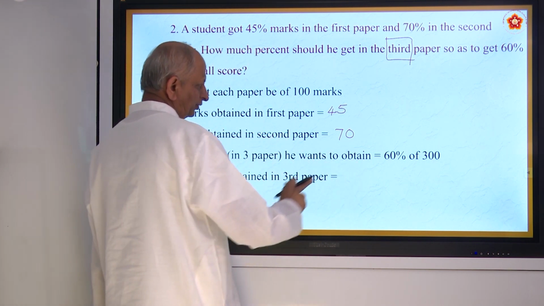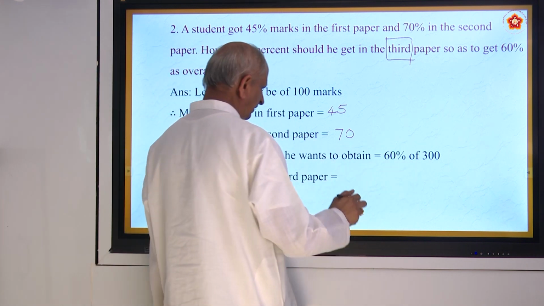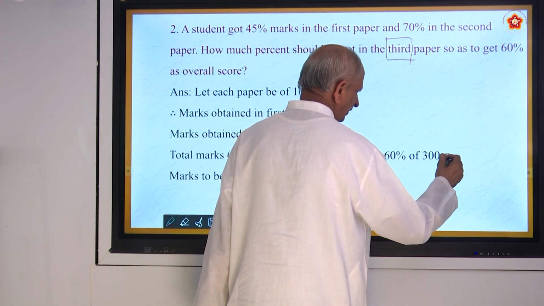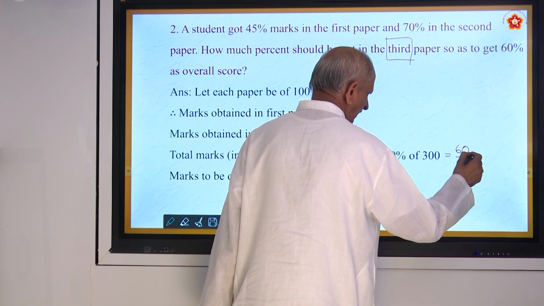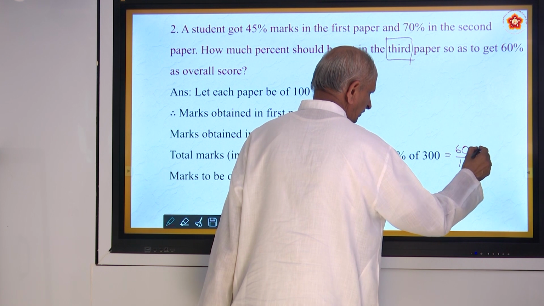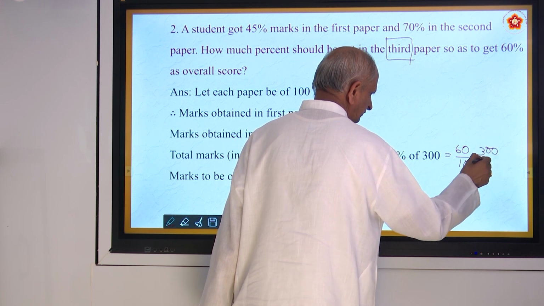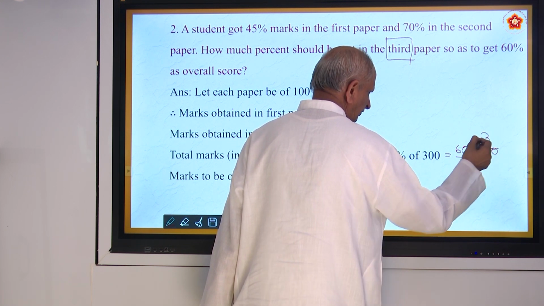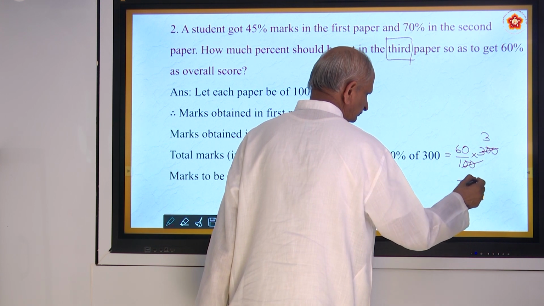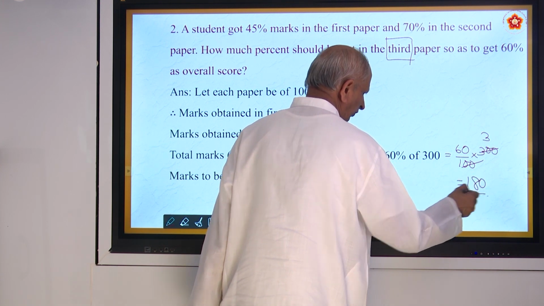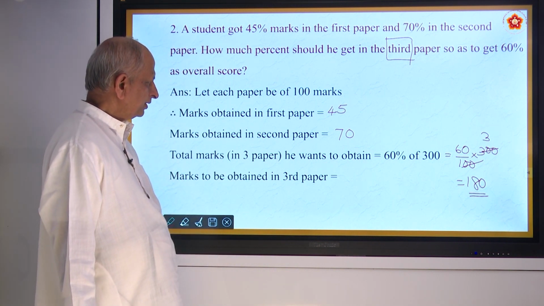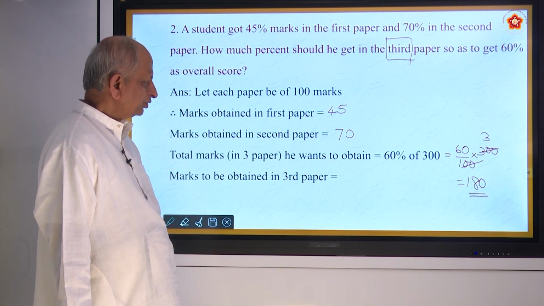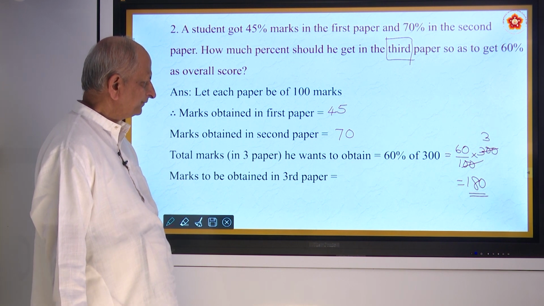So what is 60% of 300? That will be 60 by 100 into 300. So 100 ones are 100, threes are 180. He has to score 180. Is it not? So the total must be 180.